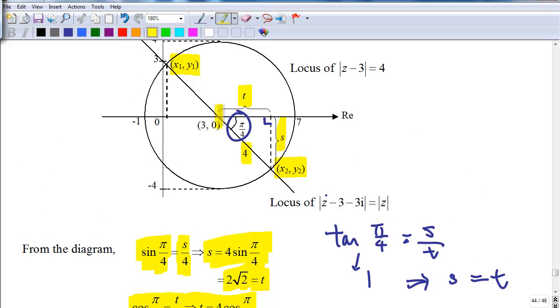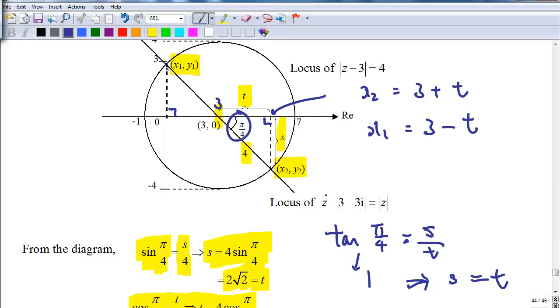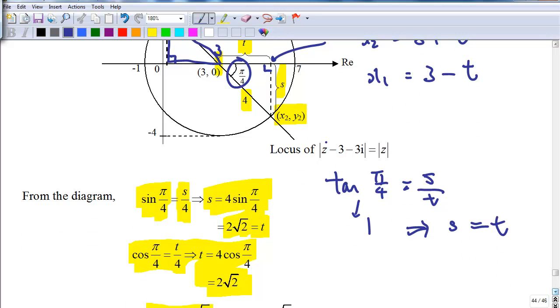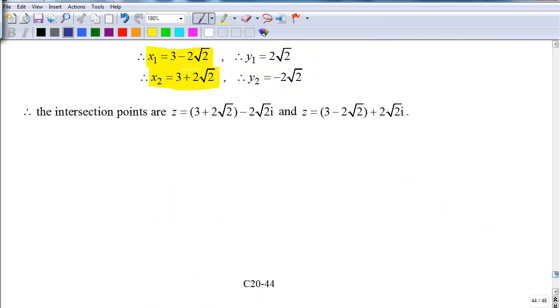Now this is the point 3, and my x2 is actually 3 plus t, and my x1 is actually 3 minus t, because this triangle here is identical to the one that we were looking at earlier. So once I know x1 and x2, then I can work out what y1 and y2 are.